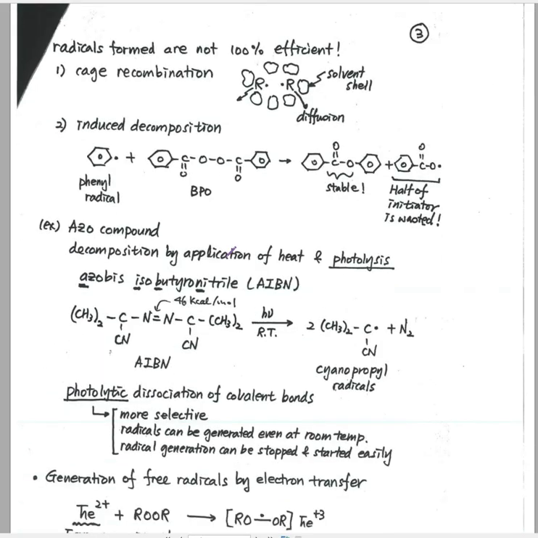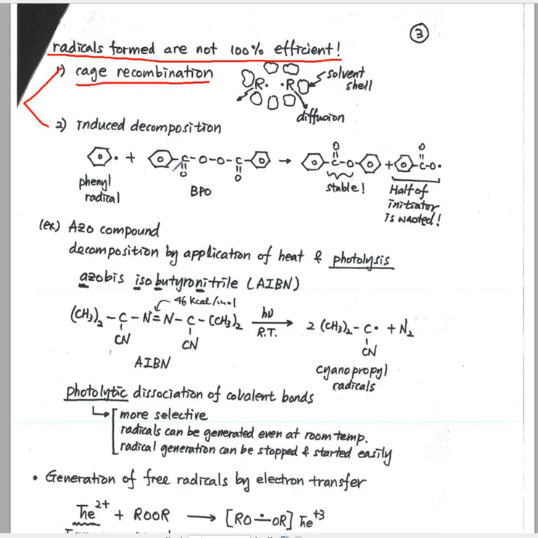But there are some things that we need to consider. Radicals formed are not 100% efficient. By simply heating up the initiator molecules, we can make radicals, but the generation of the radicals is not 100% efficient, which means that there are 2 different cases.